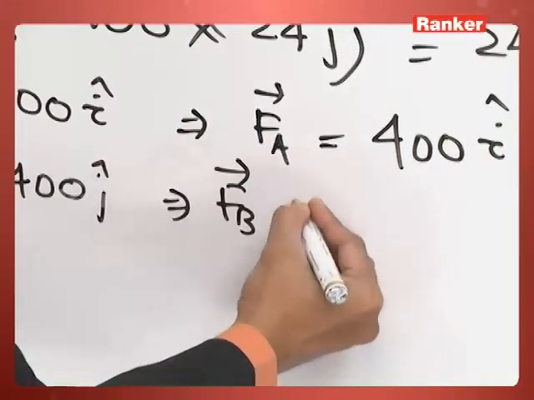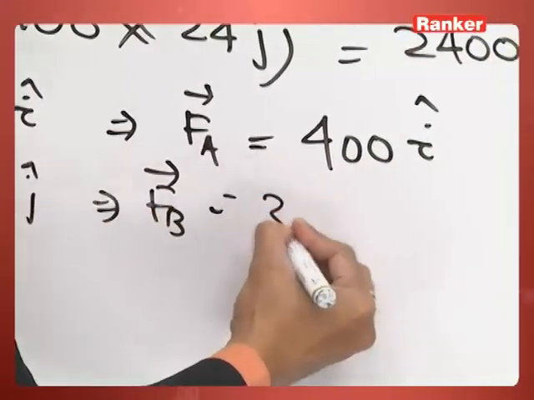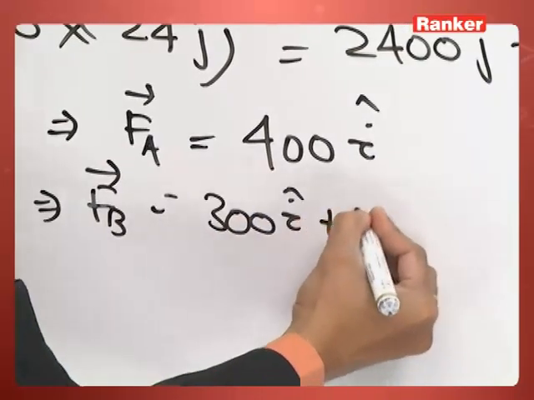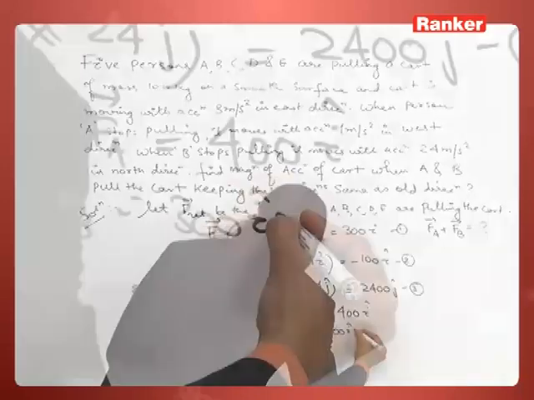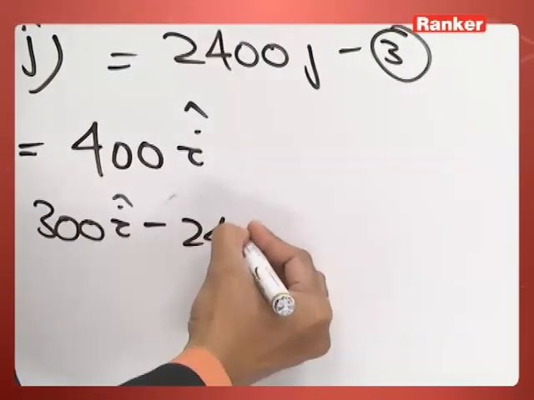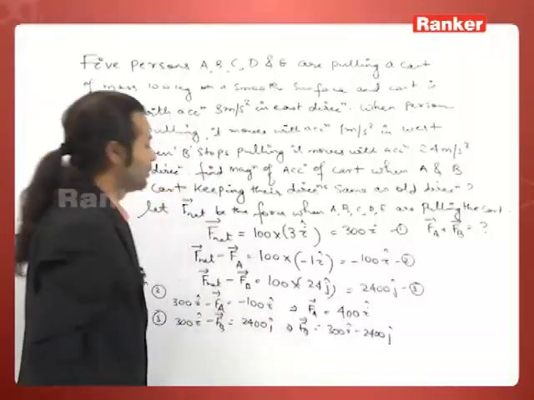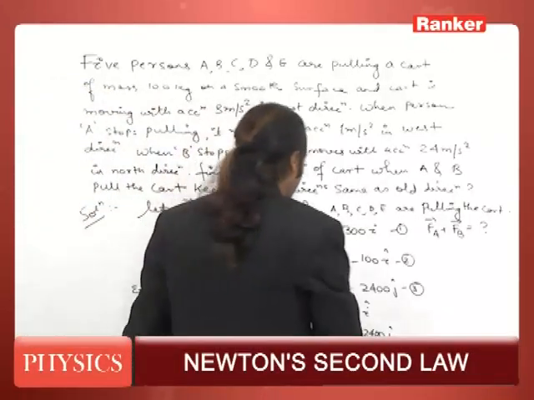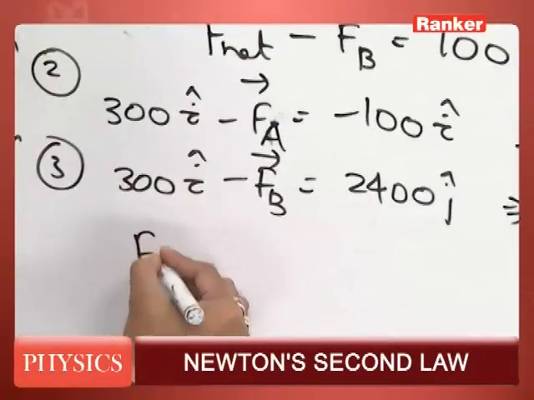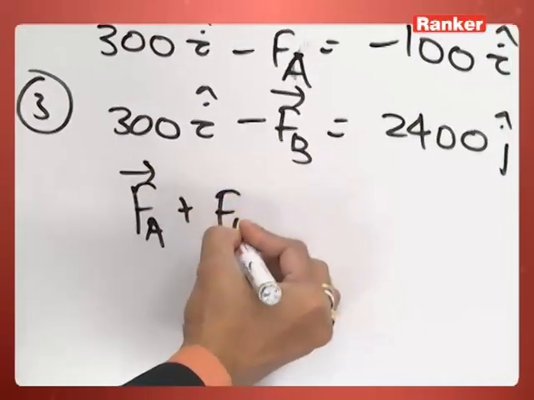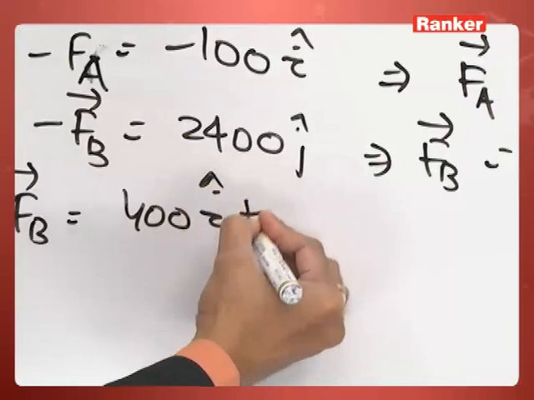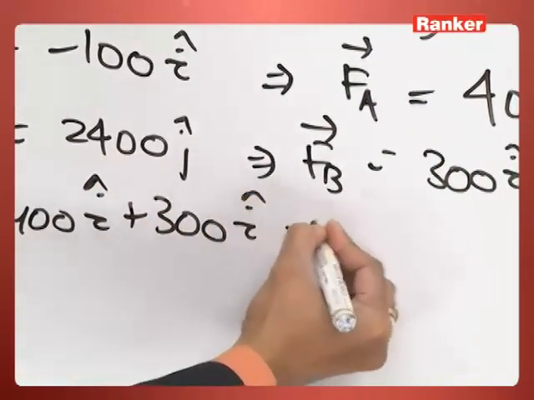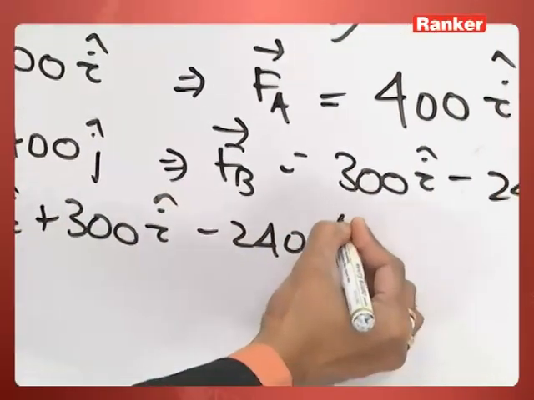So that implies FB equals 300 i cap minus 2400 j cap. So FA plus FB I will do: 400 i cap plus 300 i cap minus 2400 j cap.